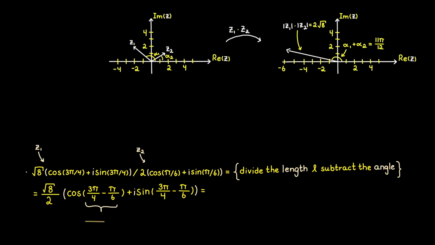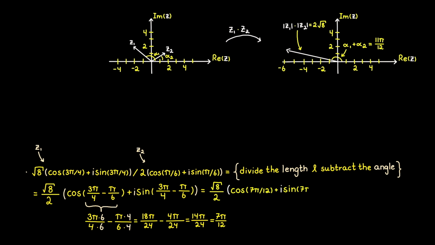On the left division, we multiply by 6 at the top and bottom, and on the right division, we multiply by 4. And if we do that, we get 18 pi divided by 24 minus 4 pi divided by 24. And if we do the calculations, we get that this is equal to 14 pi divided by 24, or 7 pi divided by 12. And if we insert this up here, we get our final answer.